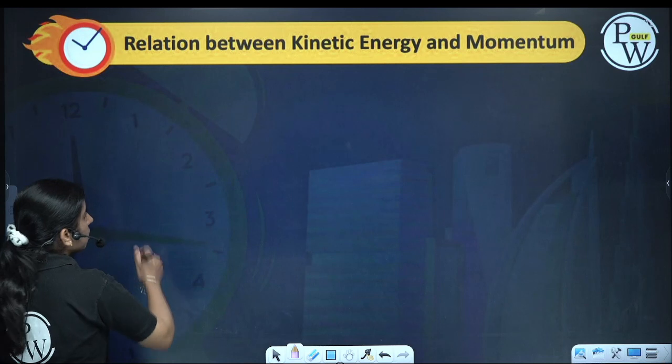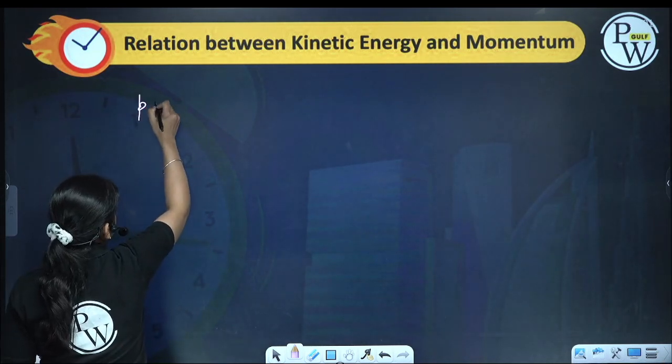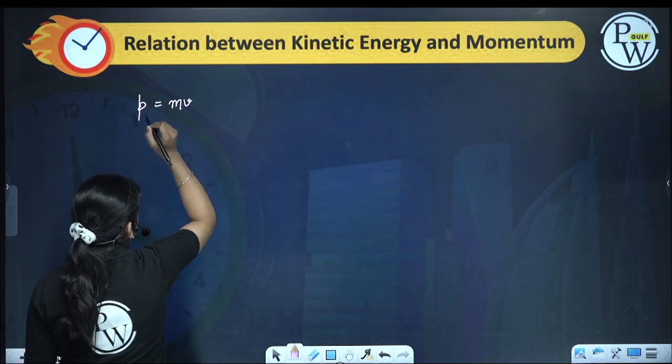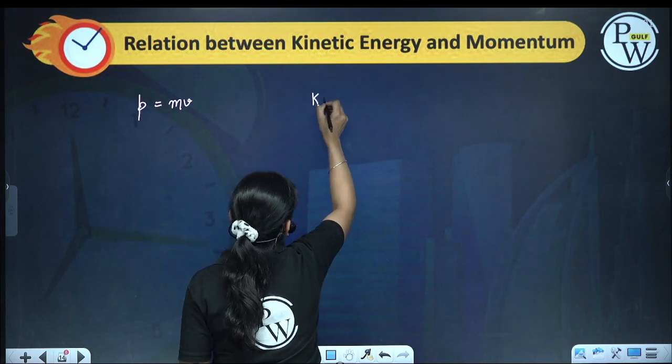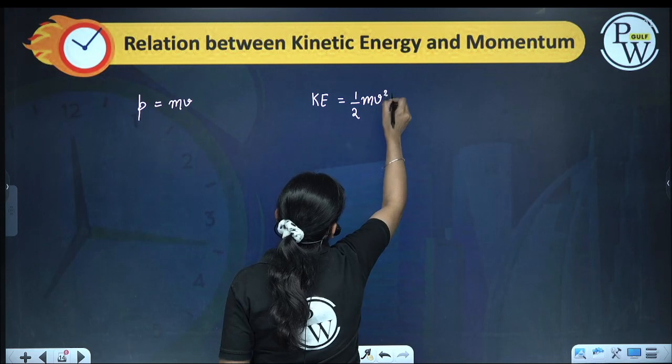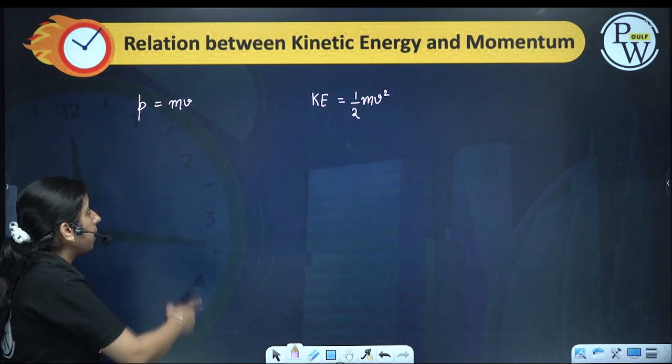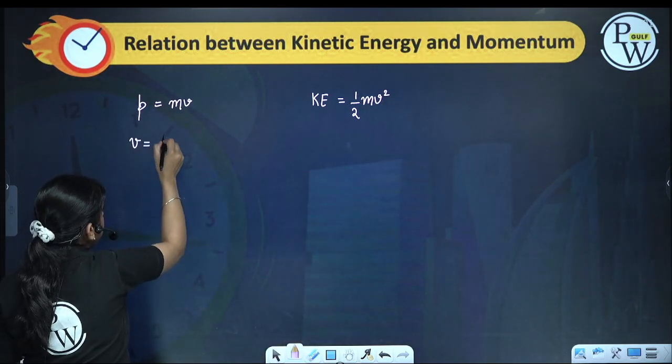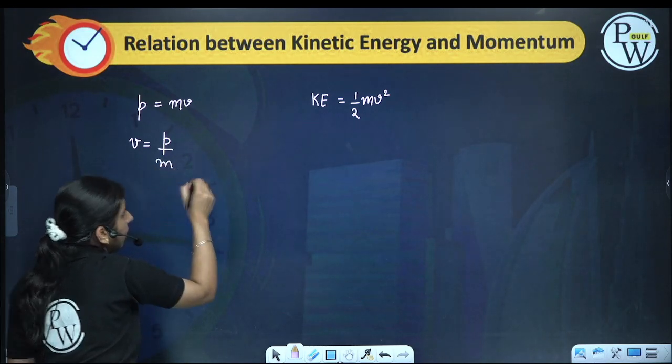Let's do the relation between momentum and kinetic energy. Now P is equal to mv and kinetic energy is equal to half mv squared. Calculate the value of v from here. We can write v as P by m.